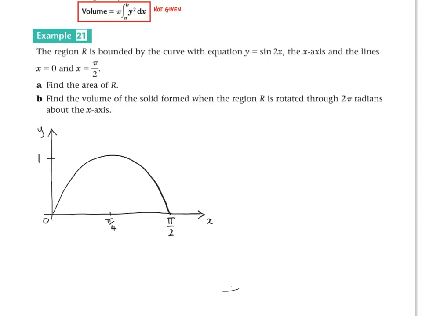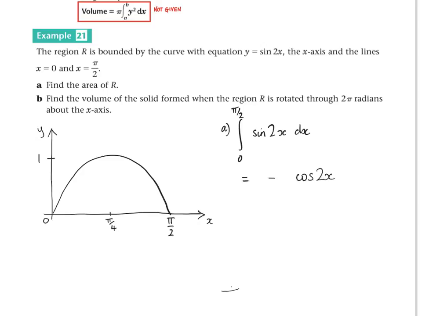So first of all we want to find the area. For part A, that's between 0 and pi by 2 of sine 2x dx. We've done that before, that's really straightforward hopefully. Now we're integrating, so sine goes to minus cos 2x.